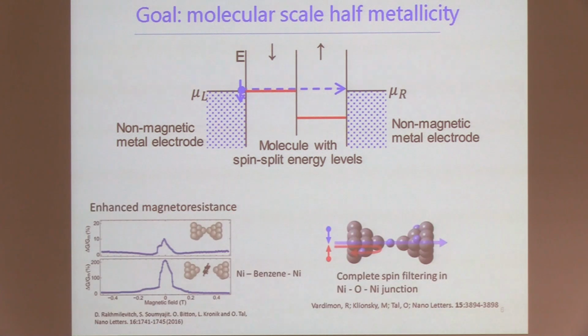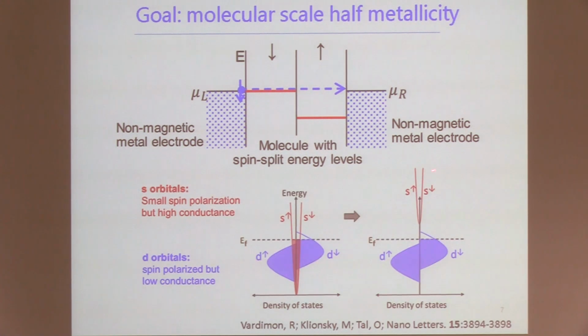Now Oren's group introduced an oxygen inside this nickel junction, and they found almost 100% spin polarization using the nickel oxygen nickel junction. What it does is it blocks the s orbital, and then the transport happens only through d orbitals. Then you get this 100% spin polarization.